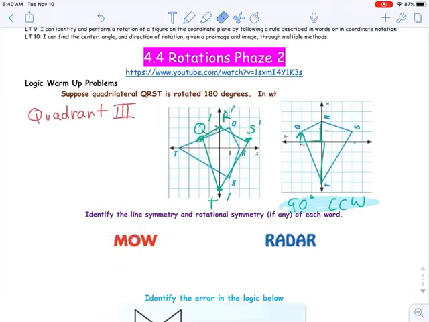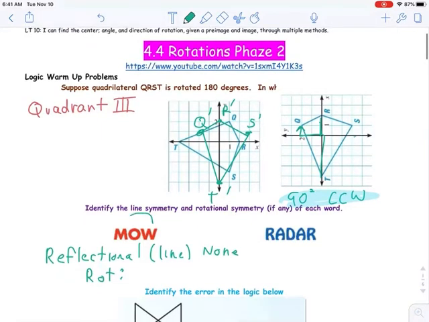The word mo. So reflectional, or line, none, and then for rotational, I could rotate it 180 degrees and it would look exactly the same.